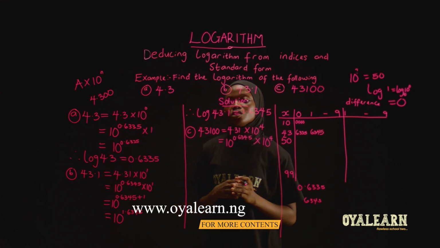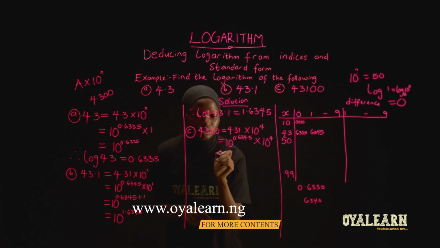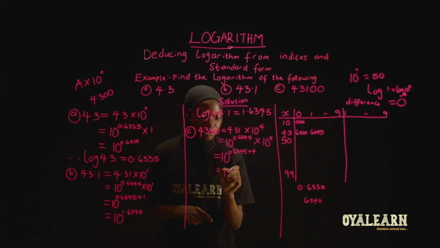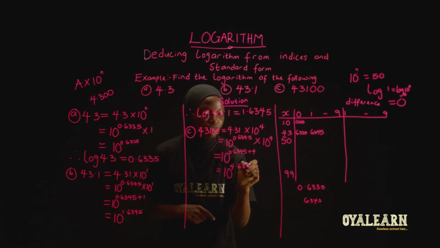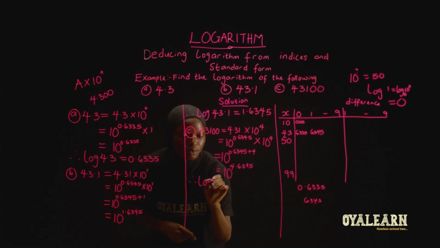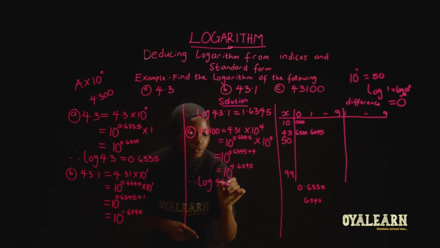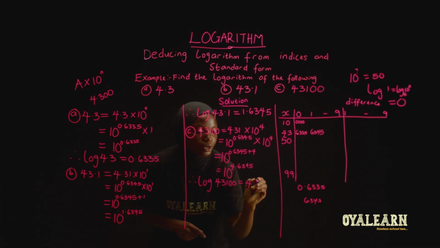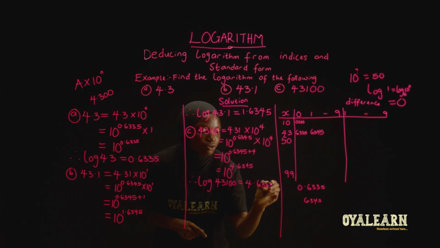We apply the multiplication law of indices here by adding up the powers. We have 10 raised to the power of 0.6345 plus 4. And that gives us 10 raised to the power of 4.6345. So therefore, the logarithm of 43,100 equals 4.6345.